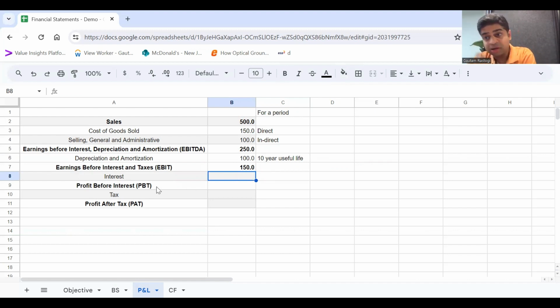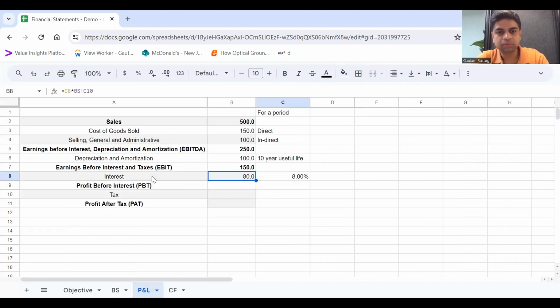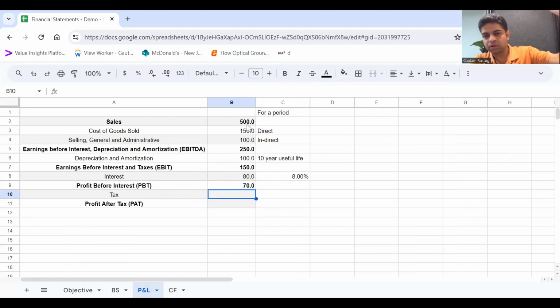Now let's talk about interest, because you took debt. You have to pay interest as well, right? Say towards the end of the year, let's say the interest is 8% on the debt. Profit before taxes is 70. So for 500 of sales, we are left with $70.